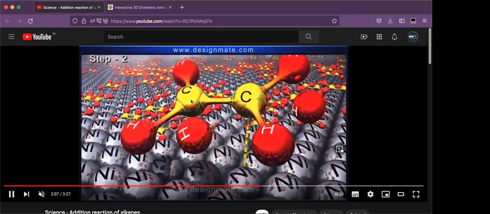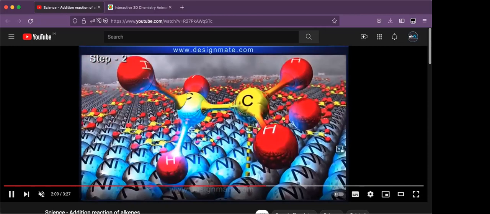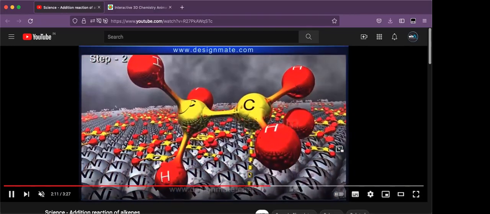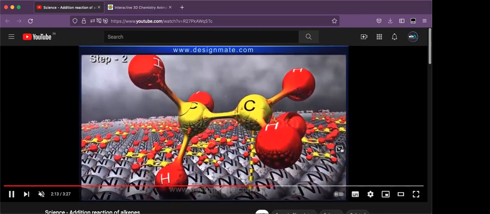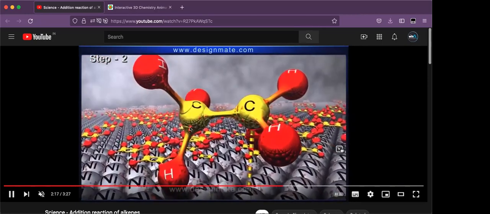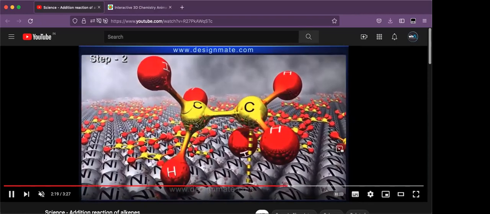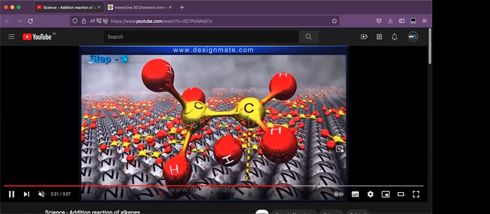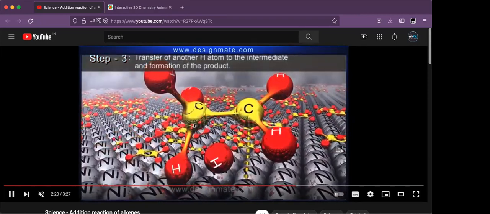Ethene is like, okay, instead of settling with a weak bond, let me form a stronger bond which will fulfill the octet and everything. So it bonds with carbon like this.